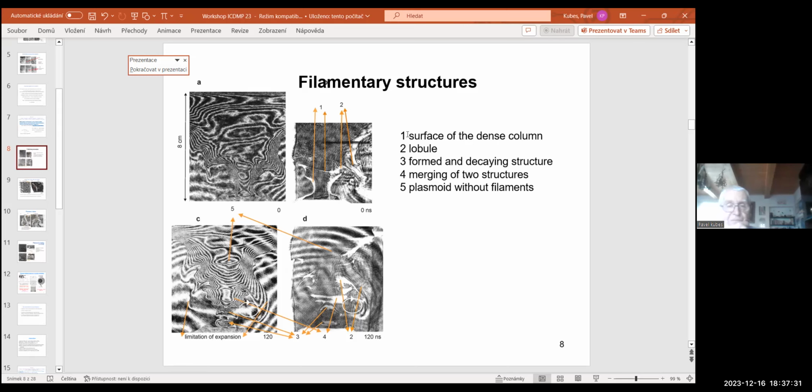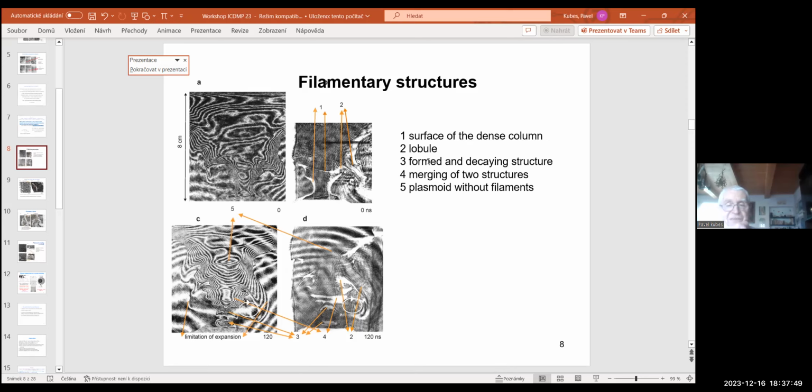First, filaments are observed in the surface of the dense column. Second type of filaments is in lobules, in places where the plasma is ejected from the column.